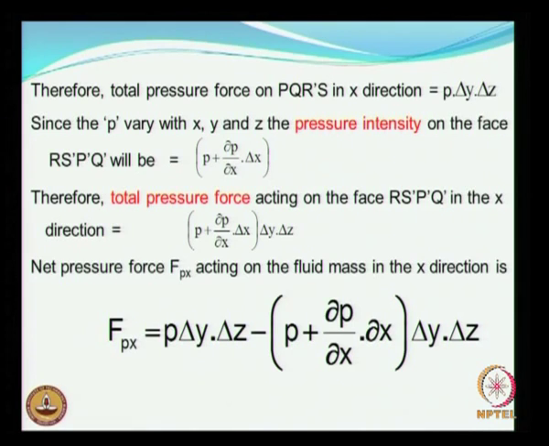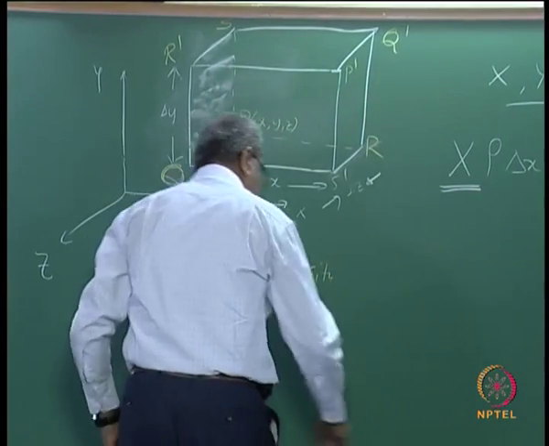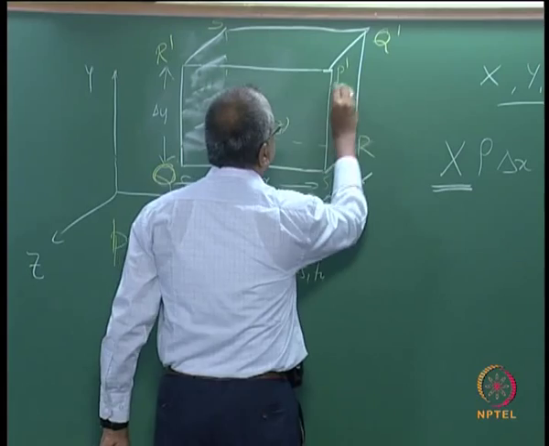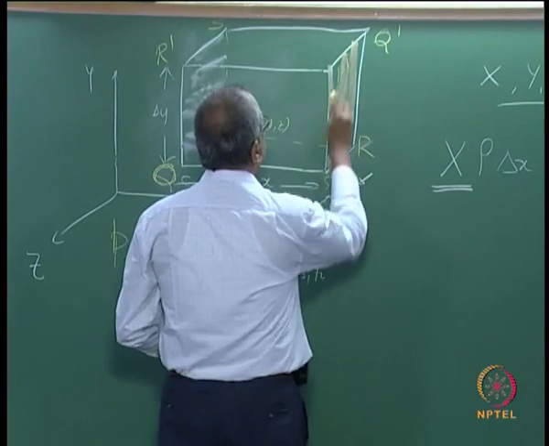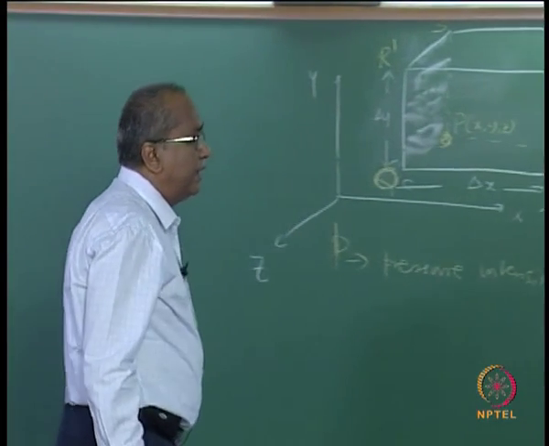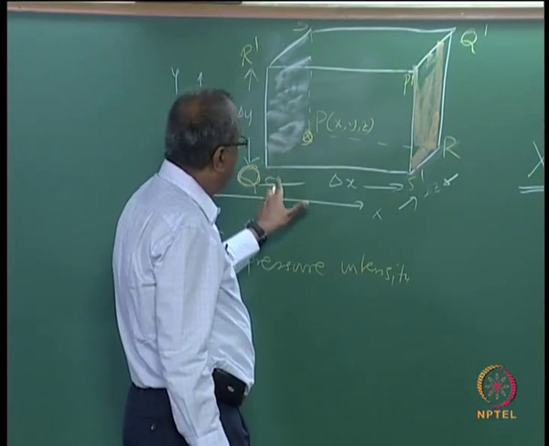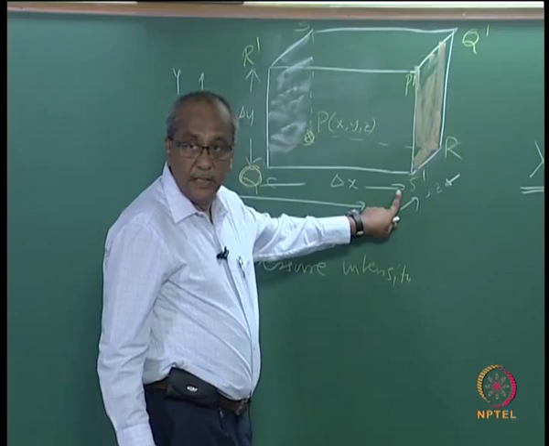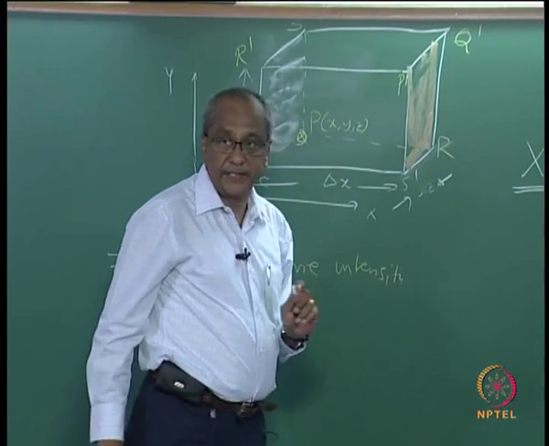Now, p varies in all the three directions x, y and z. So the pressure intensity on the face R, S dash, P dash and Q dash, that is this face, will be p, that is the initial pressure, plus the pressure changing over x over a distance of delta x.